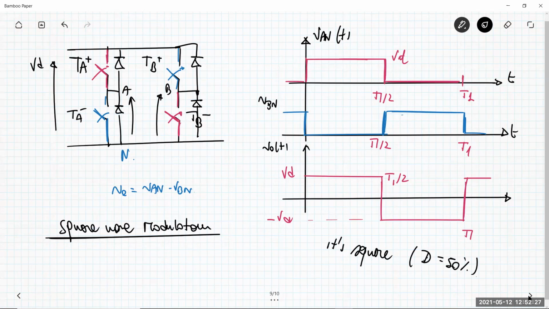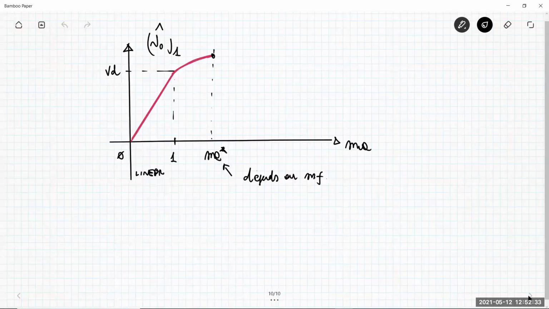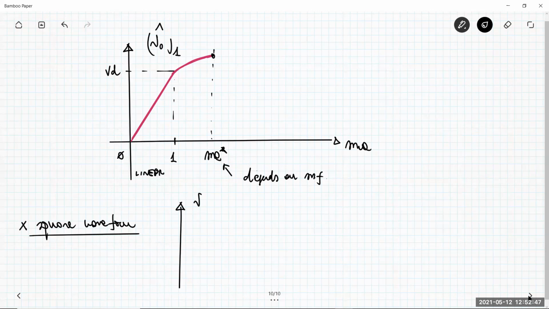So you have a square waveform like this, and it's easy to derive the spectrum of a square waveform, because this spectrum is given by the odd harmonics of the fundamental, which is F1.